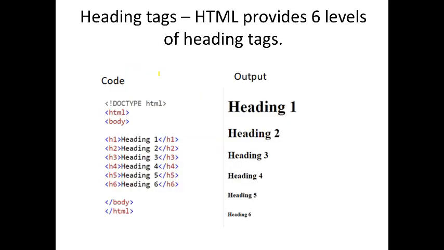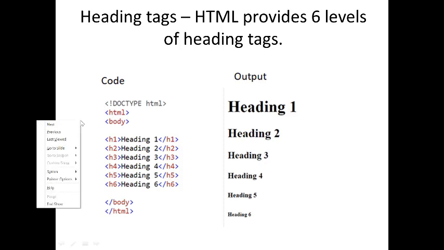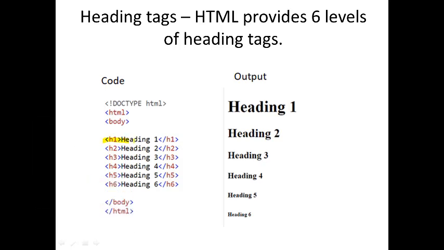Next, heading tags. Now web page, the content can be displayed in a variety of forms. If I am displaying a title of the page, I might want to use the heading 1, H1, which will display the heading in bold and big letters.